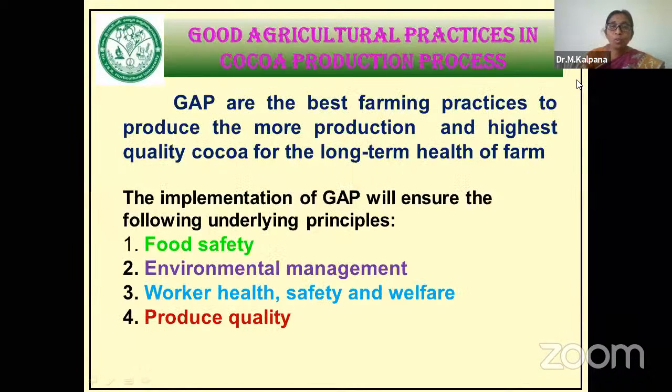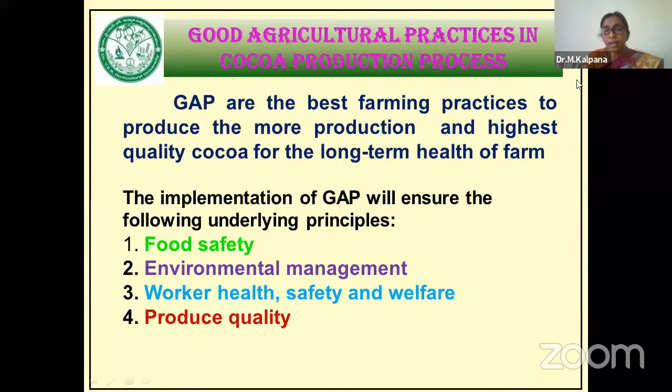So, what is meant by good agricultural practices? These good agricultural practices are nothing but the best farming practices that we have to implement in the cocoa crop to produce more and high quality cocoa for the long-term health of the farm.